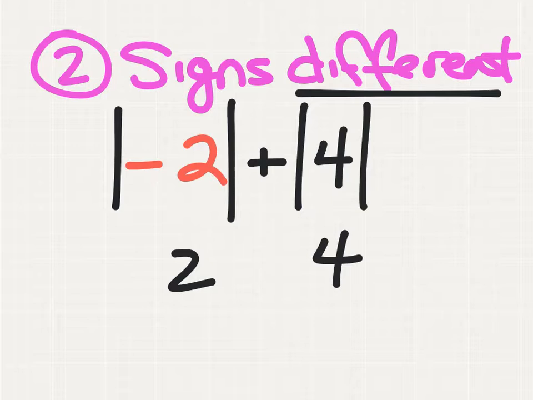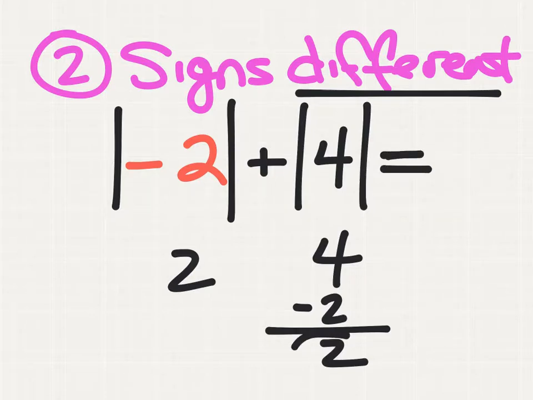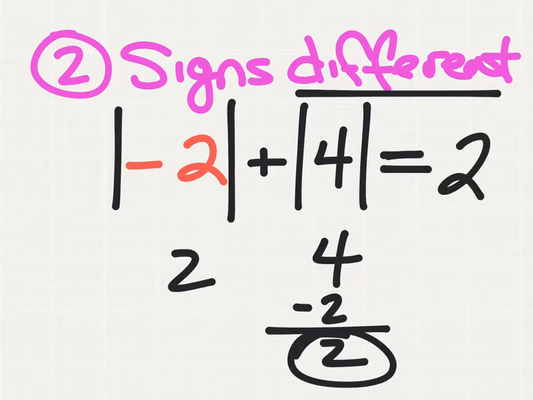Subtract the smaller number from the larger number, so 4 minus 2 would give me 2. And now take the sign from the number with the greater absolute value. So the absolute value of 4 was greater than the absolute value of negative 2, and 4 was positive. So therefore, we're going to make the 2 positive. Negative 2 plus 4 equals 2.